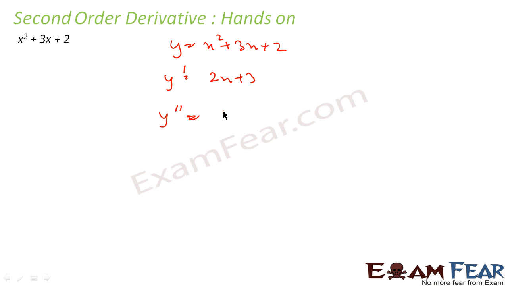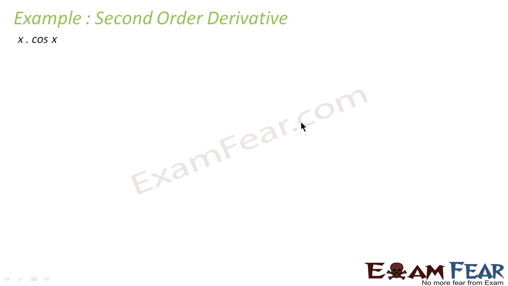You find the derivative of 2x becomes 2, 3 becomes 0. So 2 is my answer. So y double dash is 2. Correct? Very simple. I had y, I found y dash, the first derivative. On this itself, I found the derivative once again, I got the second derivative. It's pretty simple actually. Let's take one more example.